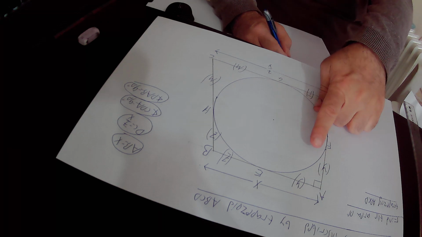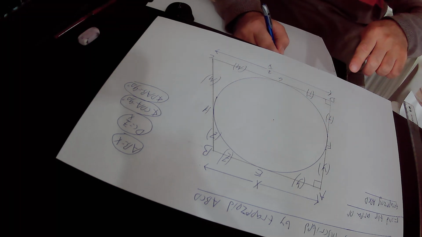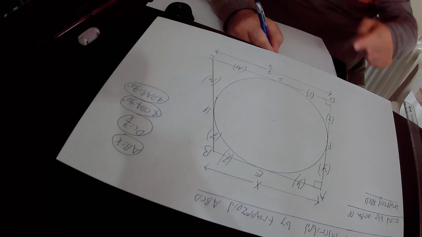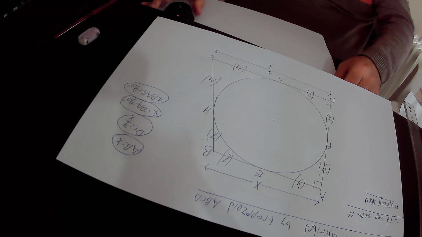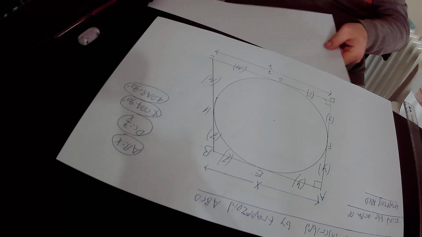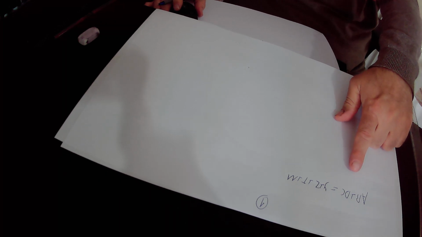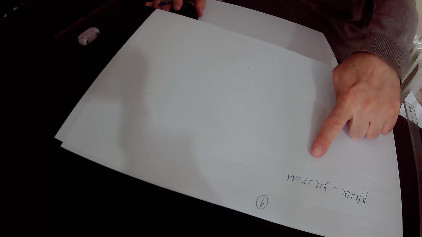AB equals Y plus Z, and DC equals T plus M. So, in conclusion, we found out that side AB plus the opposite side DC, in total, is equal to Y plus Z plus T plus M.